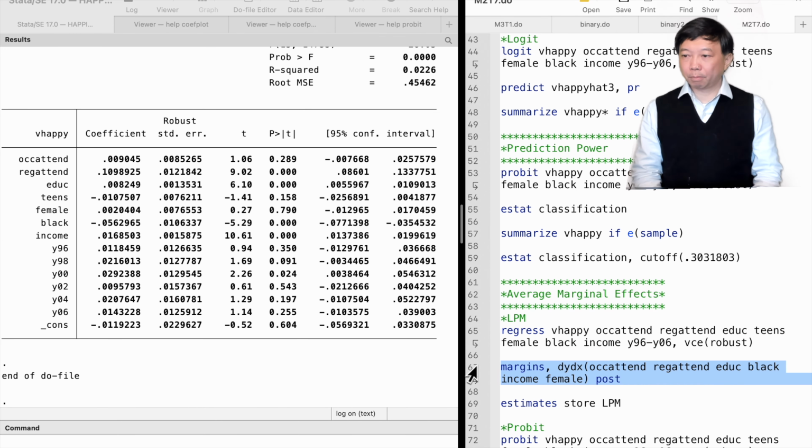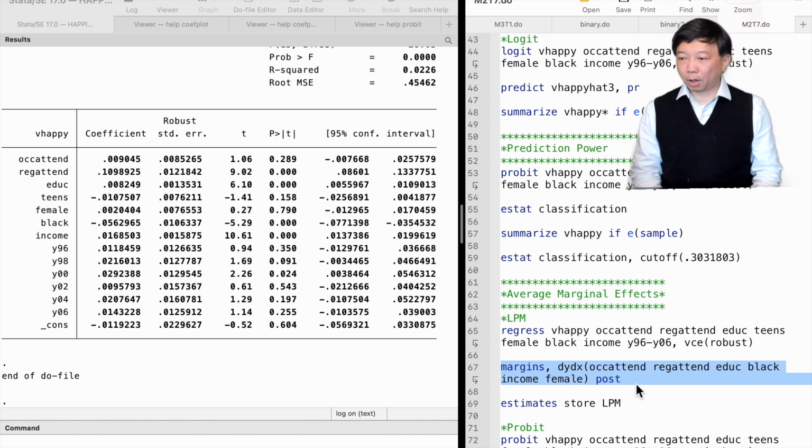We calculate the marginal effects for the 3 specifications: linear probability model, Probit, and Logit. After running the linear probability model, we type margins, comma, and dy/dx. Inside the parentheses, we put the variables we want to compute marginal effects.